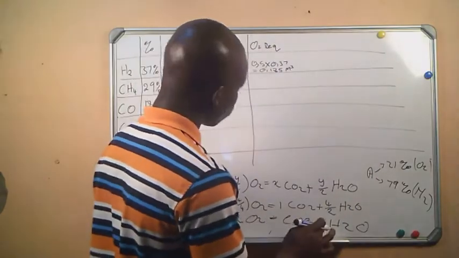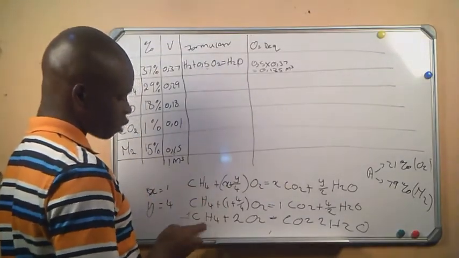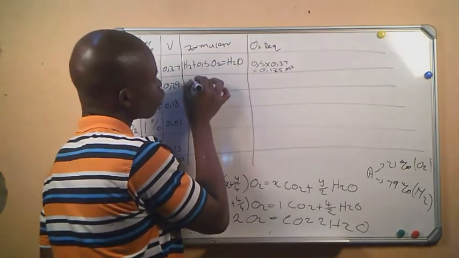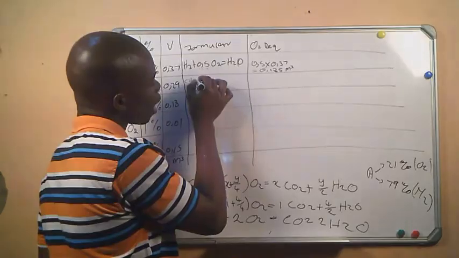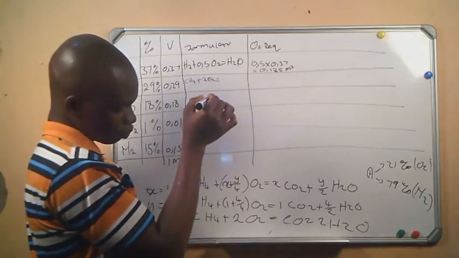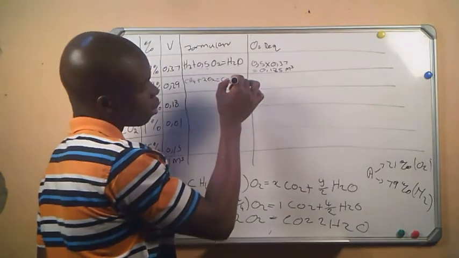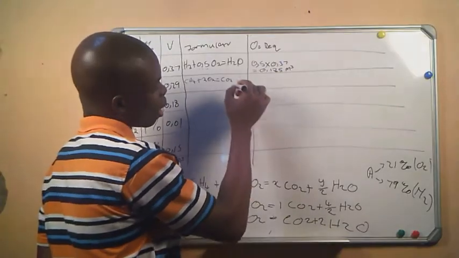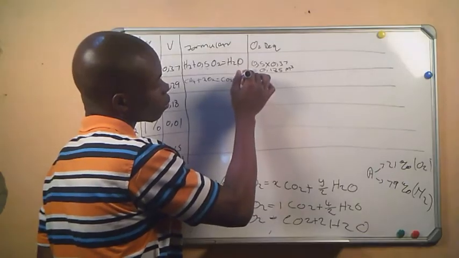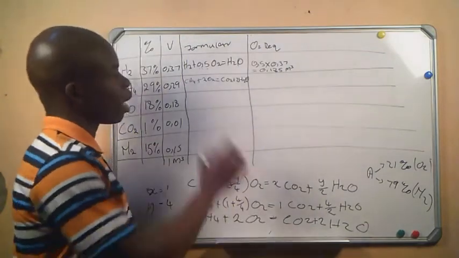We take this formula to the table, since it is for only 1 cubic meter of the methane: CH4 plus 2 oxygen equals carbon dioxide plus 2 H2O. And then we are done with this one.